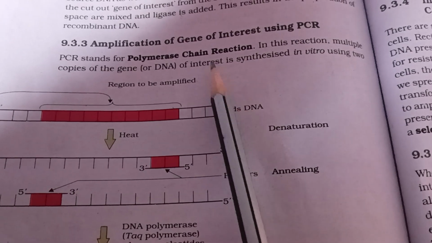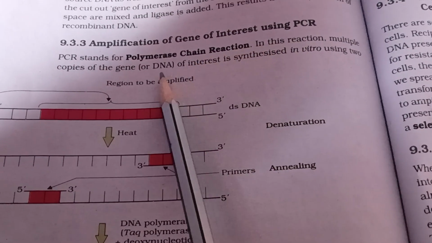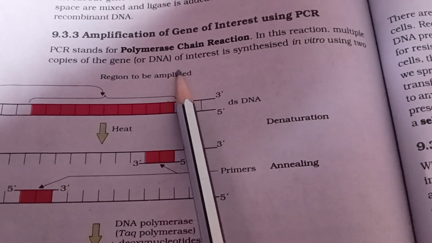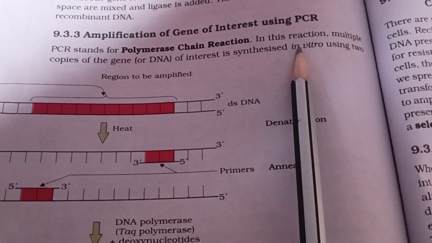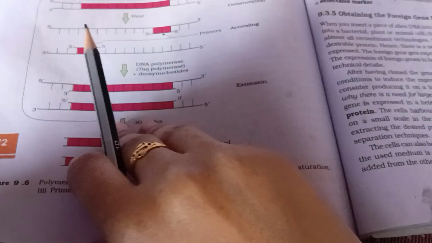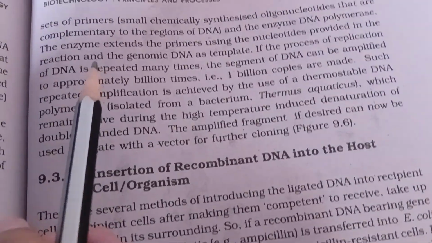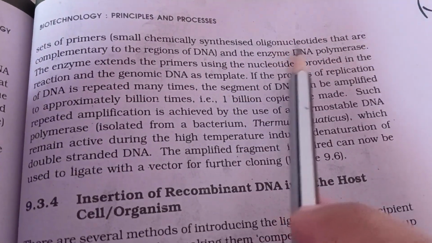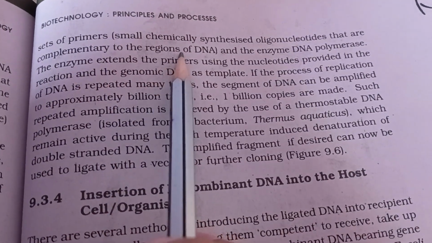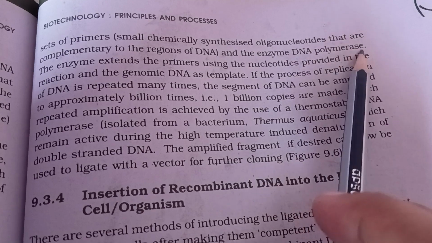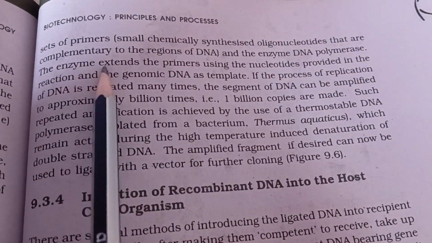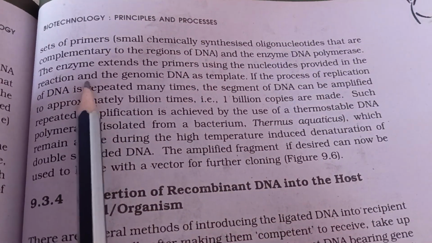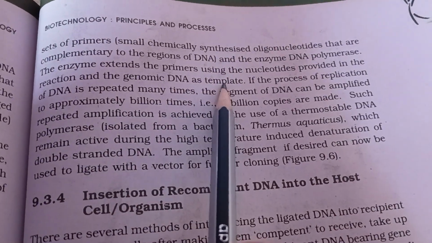Now the amplification of gene of interest using PCR. PCR stands for polymerase chain reaction. In this reaction, multiple copies of the gene or DNA of interest is synthesized in vitro using two sets of primers, small chemically synthesized oligonucleotides that are complementary to the regions of DNA, and the enzyme DNA polymerase. The enzyme extends the primers using the nucleotides provided in the reaction and the genomic DNA as template.